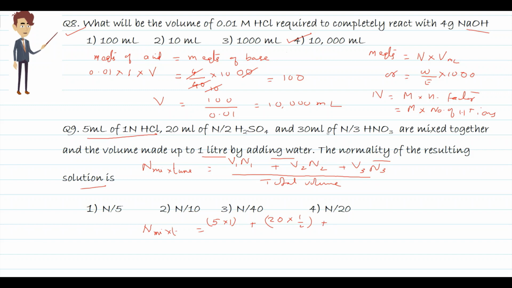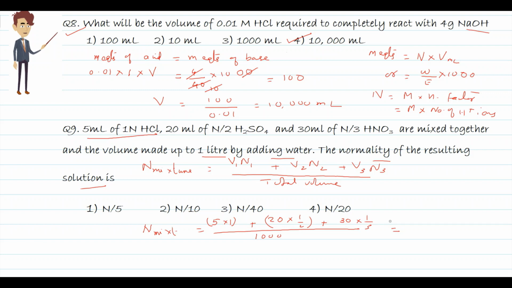Third solution is 30 ml of N by 3 HNO3. So V3 is 30 into 1 by 3 divided by total volume. Total volume 1 liter. In the numerator side we are using milliliter, so in the denominator, instead of using 1 liter we are using 1000 ml.